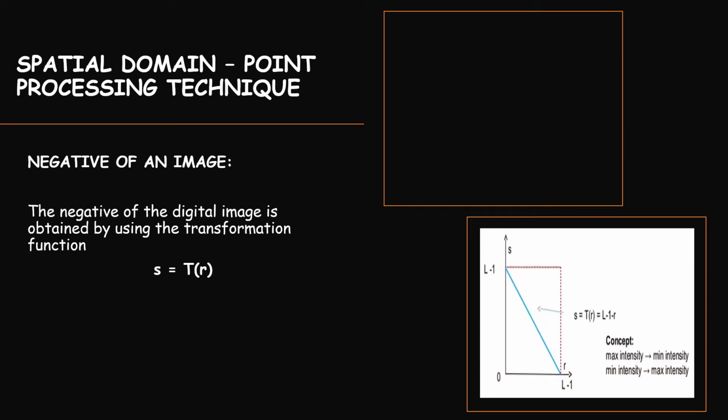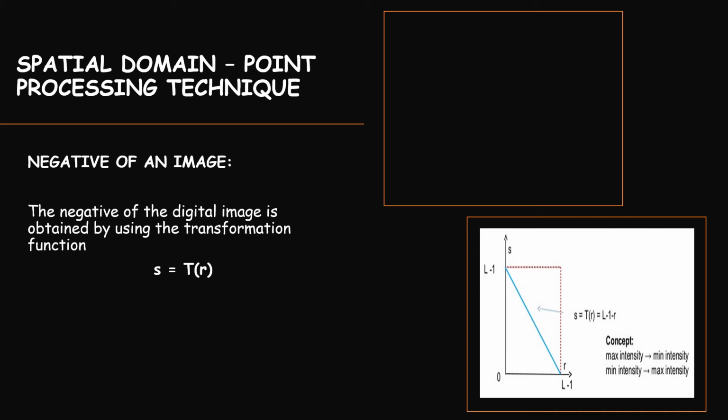Now let us consider this graph, which tells you about the transformation function and the gray levels. Here, L is the number of gray levels, and the idea behind this is to reverse the order from black to white, so that the intensity of the output image decreases as the intensity of the input increases.